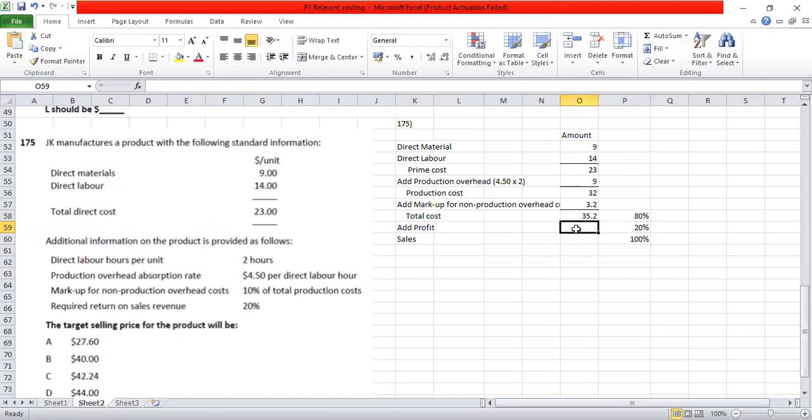The rest of the figures we can calculate: 35.2 into 20% divided by 80%. And then when we add them up, 44 is the sales price.